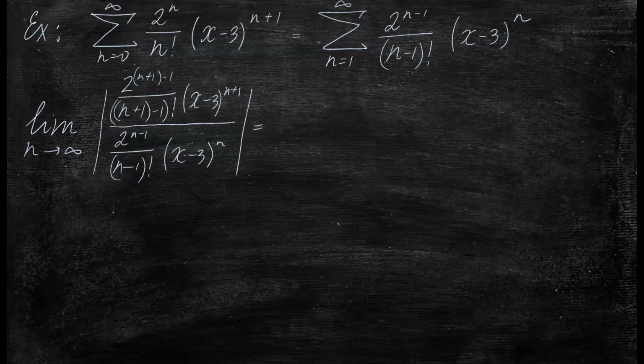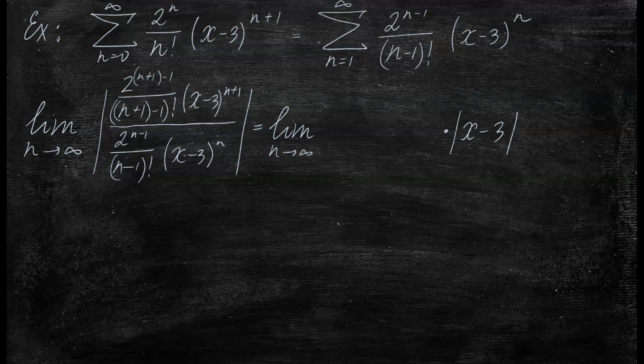And you can always count on the x minus c to the power n plus 1 divided by x minus c to the power n reducing and just becoming the absolute value of x minus c, in this case x minus 3, outside of the limit, and that will allow you to just focus on the limit.